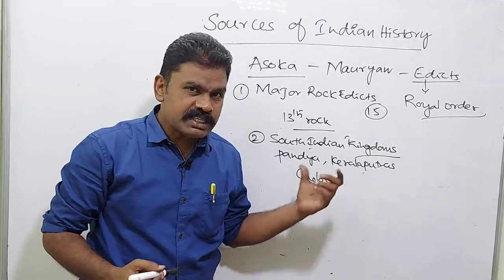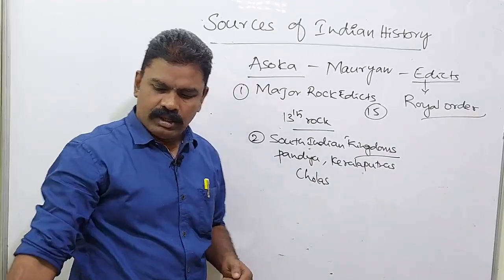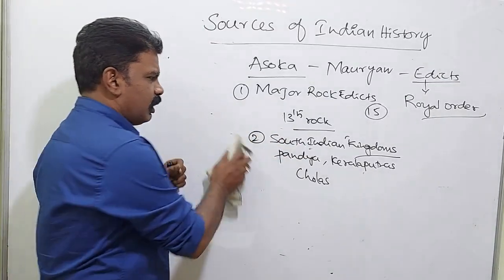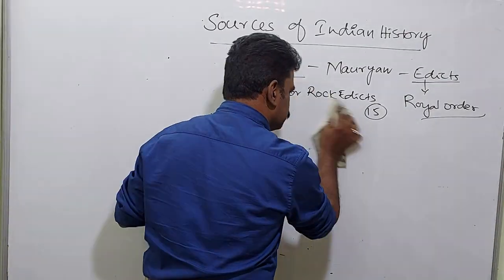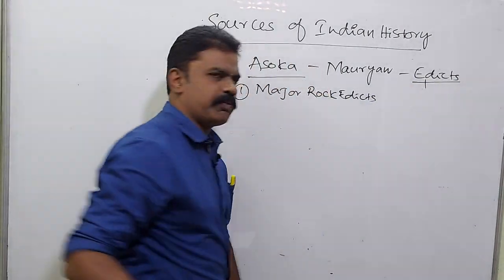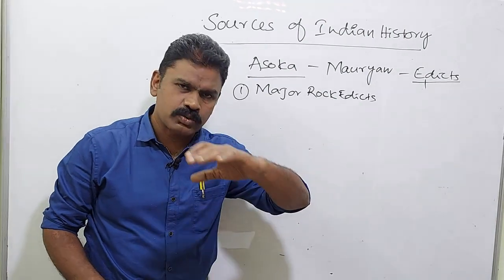These were contemporaries of the Mauryans of that period, so we know about the South Indian kingdoms from this. Also, from the first major rock edict we know that Ashoka abolished the killing of animals. Like that, religious matters and Ashoka's orders.